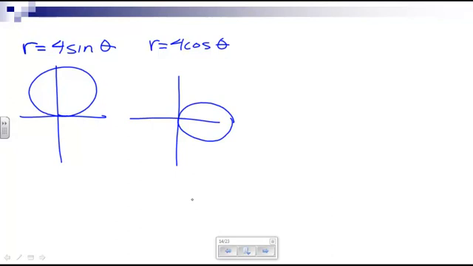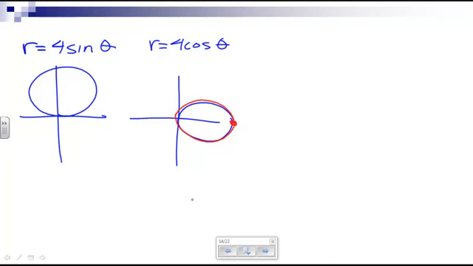It starts right here when theta is 0 and cosine is 1. As theta goes from 0 to pi over 2, it goes that part. From pi over 2 to pi, it does that part. And it does that same cycle every pi. Let's find the area of that circle using this new technique.